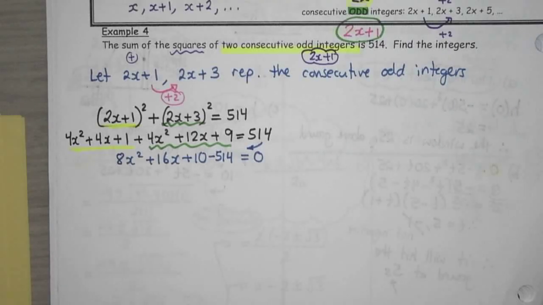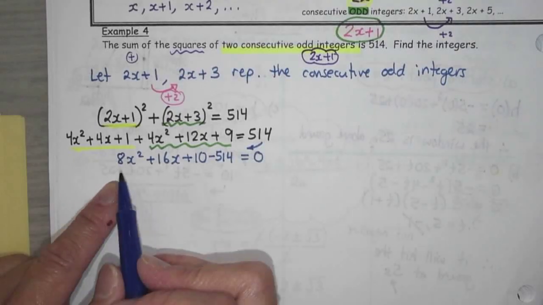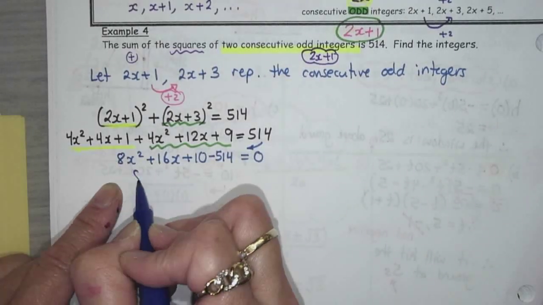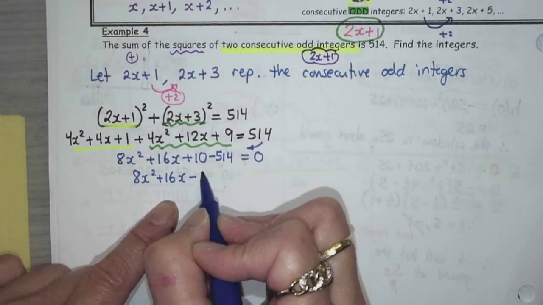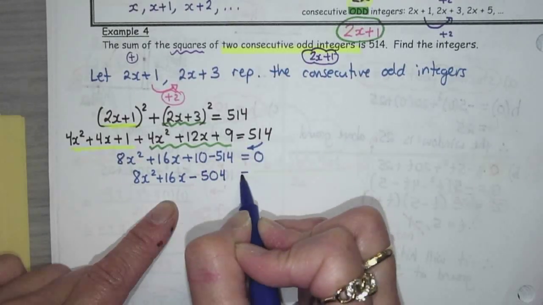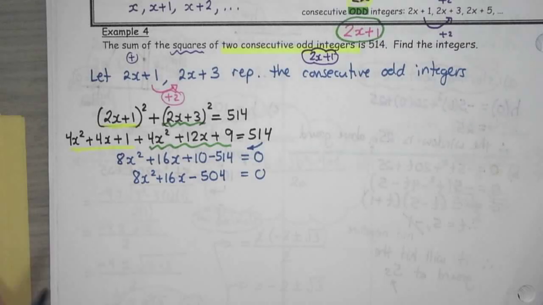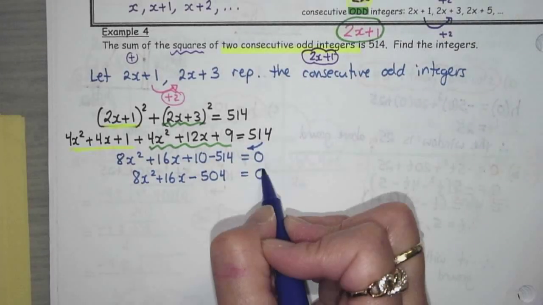Okay, next one. So we're going to go 8x squared plus 16x, and that'll be negative 504. All right, so we want to either factor this or use the quadratic formula.